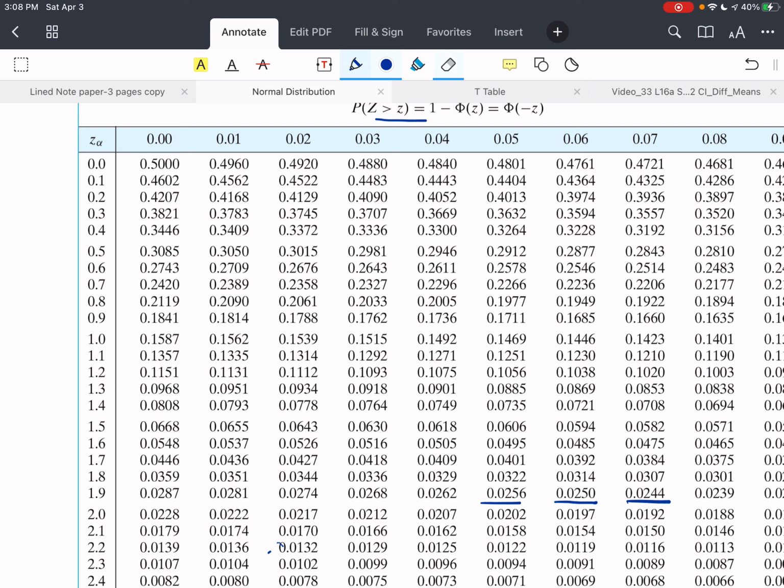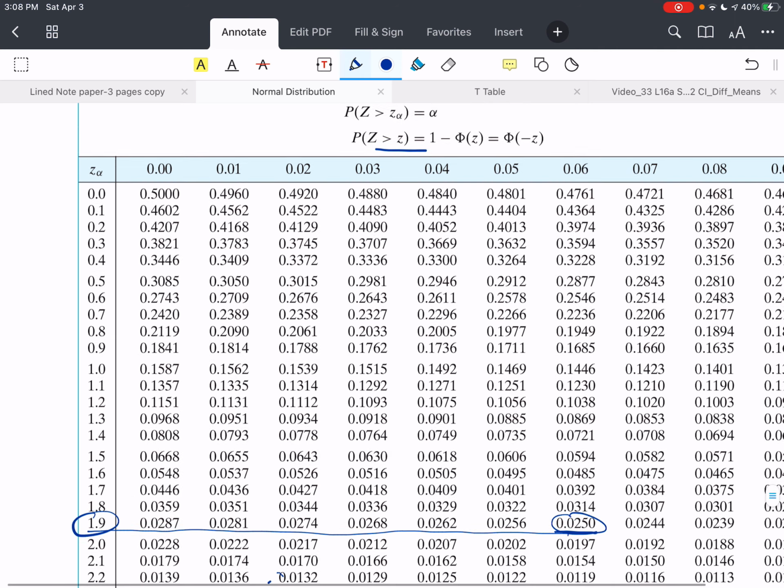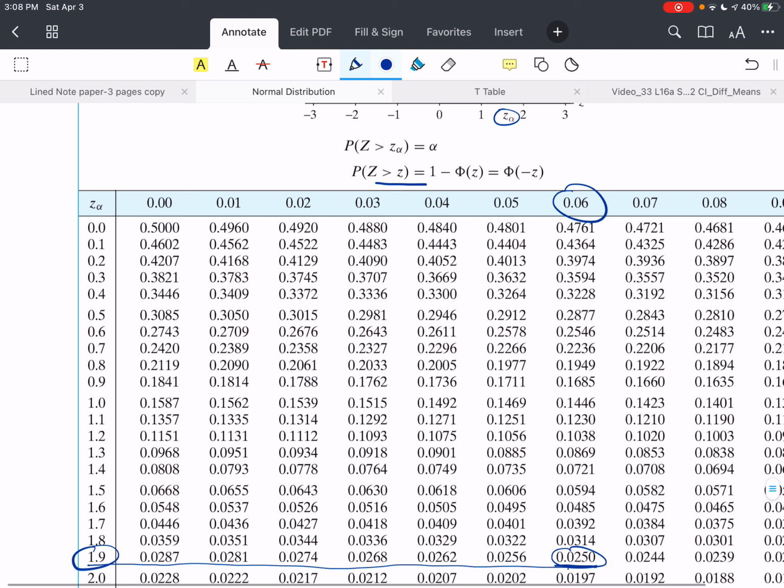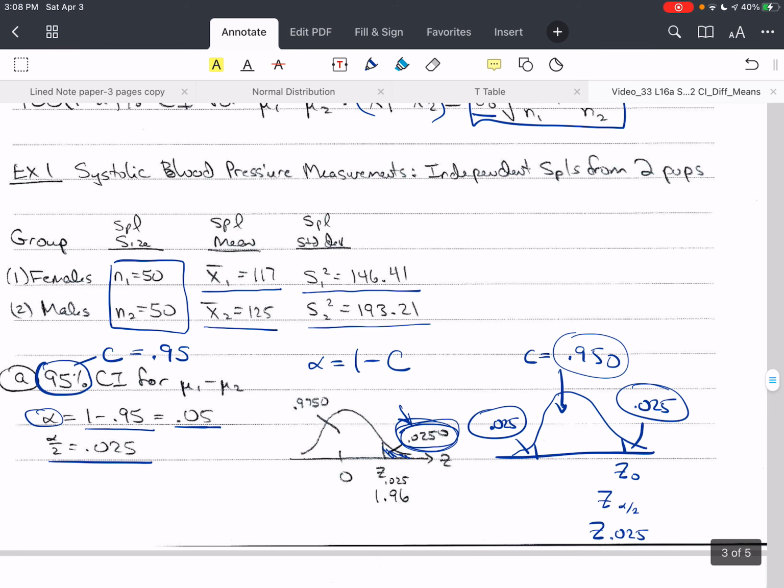I don't have to find the one that's closest. I just find it. So I need to find 1.9, and then the second decimal is 6. So z naught is equal to 1.96. I apologize for my mistake earlier. I had the wrong number in my head. All right. So 1.96 is our z naught.